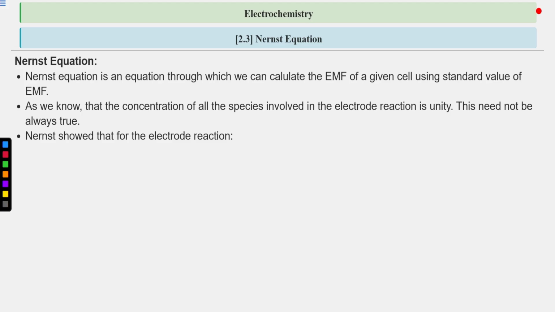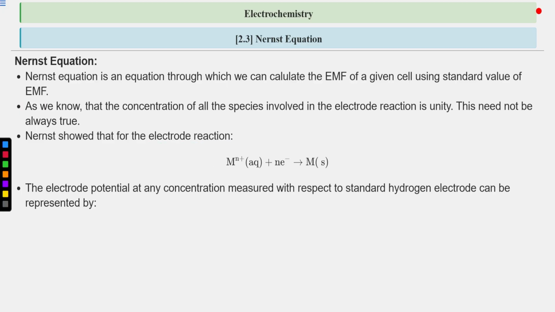Now Nernst showed that for an electrode reaction, suppose we have an electrode following this reaction, M^n+ plus n electrons giving us the metal M, right? This is the reaction associated with the electrode.